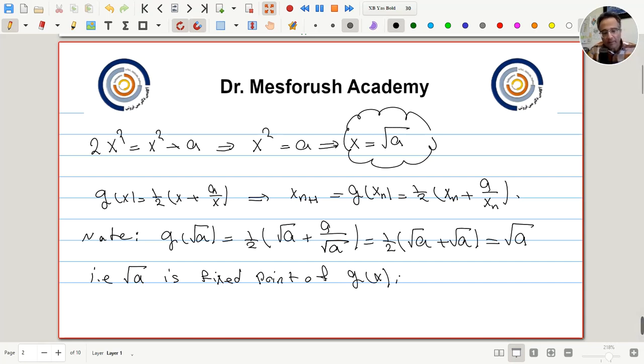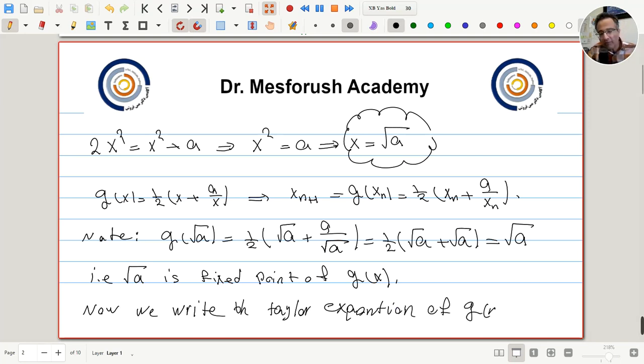Okay, now we write the Taylor expansion of g of x at x equal to square root of a.